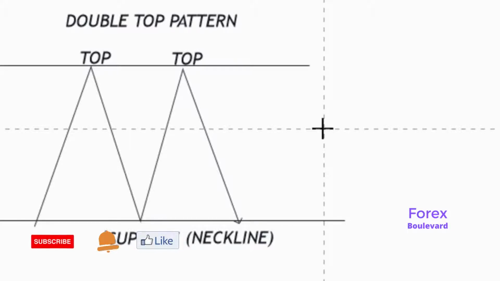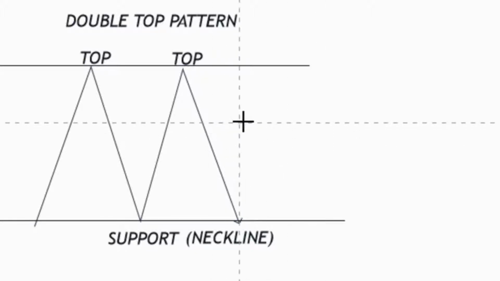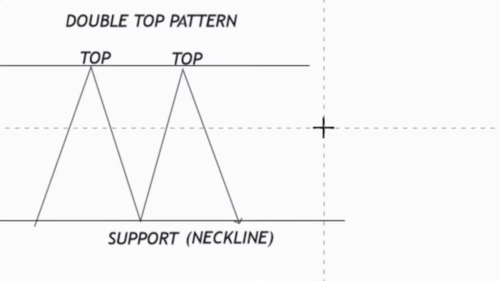We have an uptrend, we have a downtrend, and then we have a sideways trend, a consolidation. The markets can never do more than that. So most of these double bottoms and patterns we're dealing with all fall in the category of consolidations.